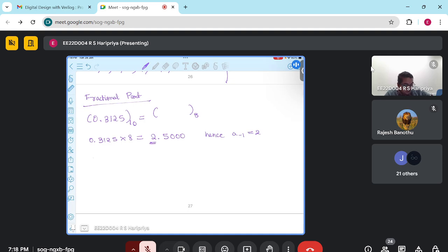Now we have already taken 2, so the remaining part 0.5 multiplied with 8 gives 4, with no other decimal value. So the minus 2 bit position is 4, and we write in this order. That means it is 0.24. Is it clear?